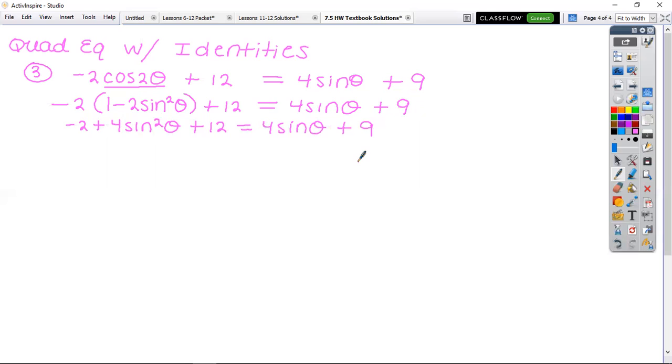Is it still quadratic? It is, so it still needs to be equal to 0. So we're going to start shifting everything left. So we have a 4 sine squared theta in the front. -2 plus 12 is 10, minus 9 is 1.